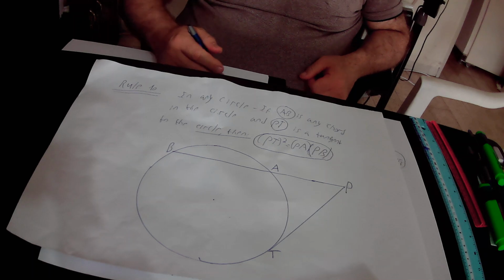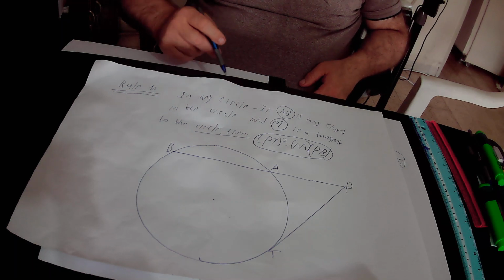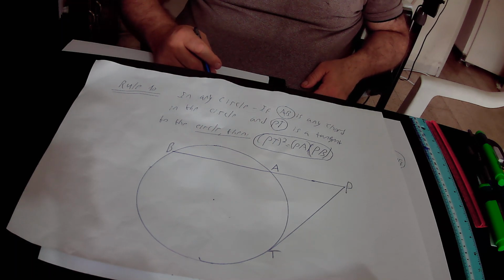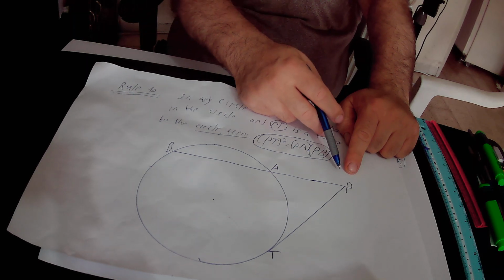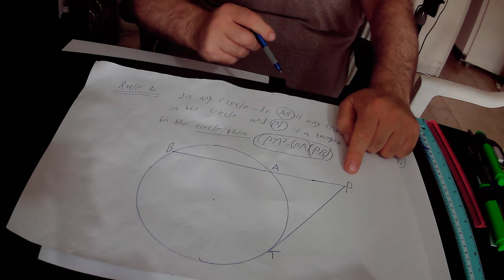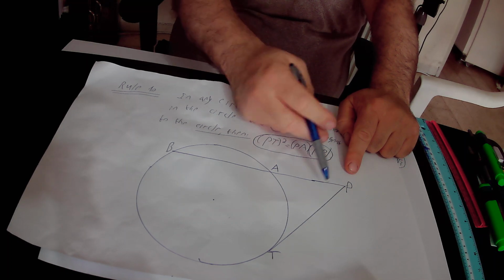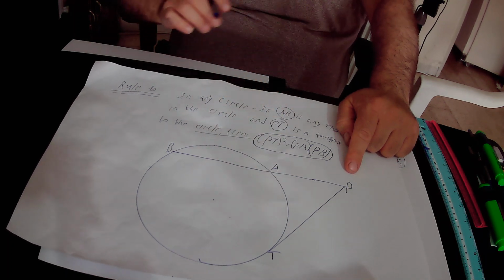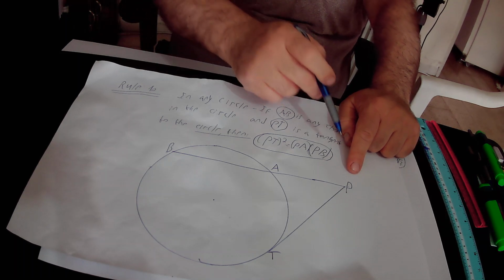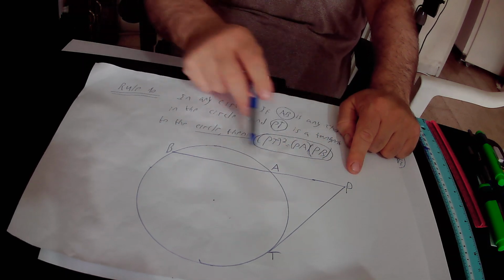In any circle, if we have AB that is a chord inside this circle, and we have the common start point, point P, and we join points P and A together by a straight line, and then from this common start point P we draw tangent PT that is tangent to this circle at this point T, the following equation will be true: PT squared equals PA times PB. Again, PT squared equals PA times PB.